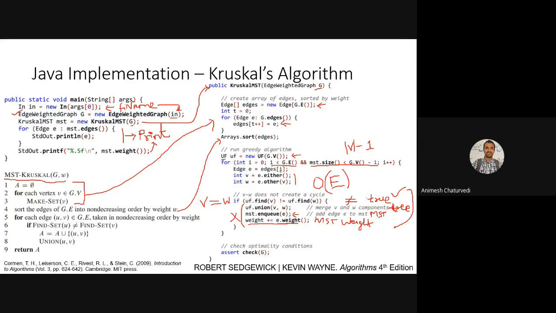And union and find are of order 1, and enqueuing in the MST also belongs to order 1. So basically the for loop belongs to the number of edges, order of number of edges.